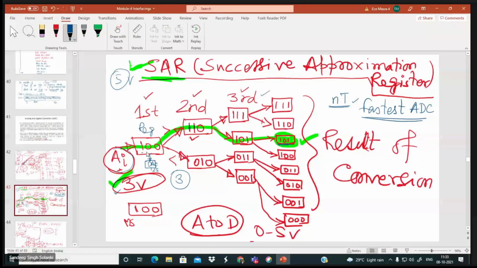In this, what I have done, I made it my approximation, okay? Then compared with this analog input and this value, greater or lesser, okay?